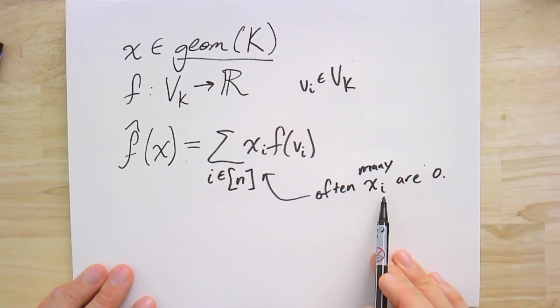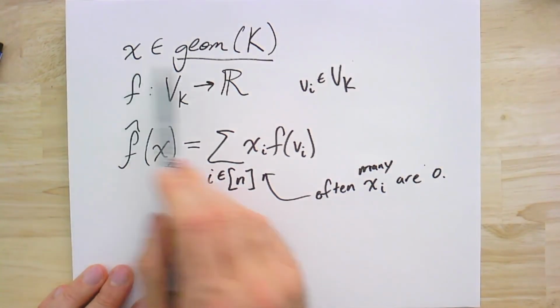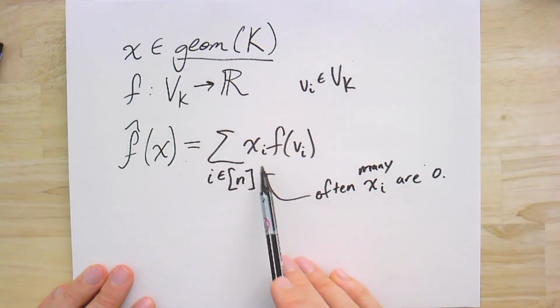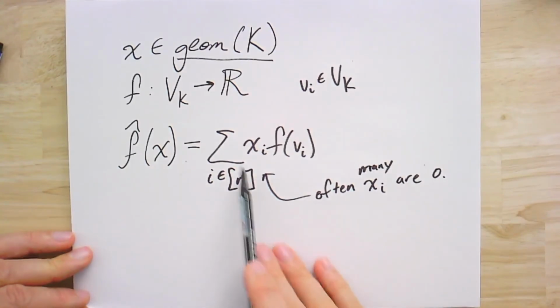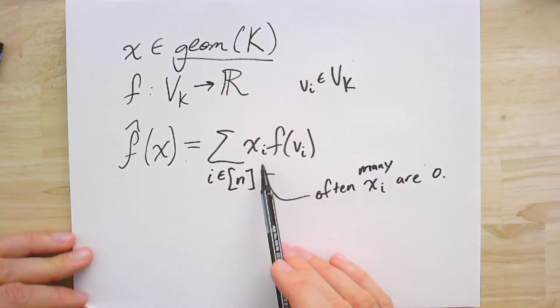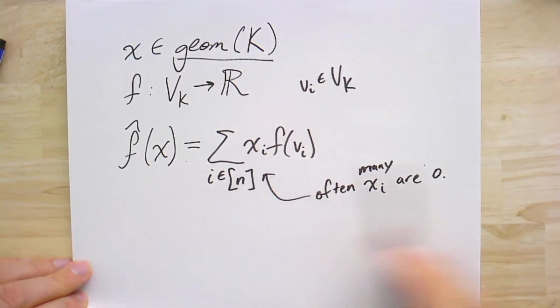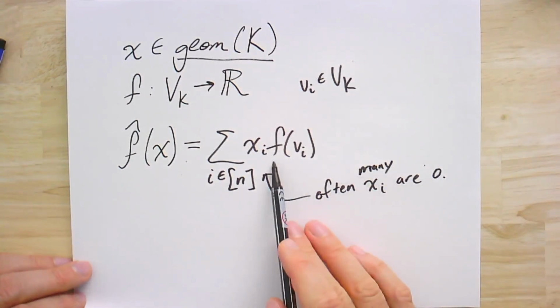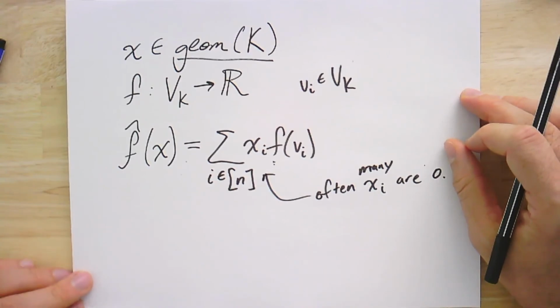So in the case we saw with the plane, where the largest simplex had 3 vertices, then every point in the geometric realization has at most 3 non-zero coefficients. That follows straight from the definition. But we can still write it as a sum over all the vertices, just where many of the coefficients are 0, because we saw that already. The coordinates are 0, and so the function values of those points don't contribute to the overall interpolation.